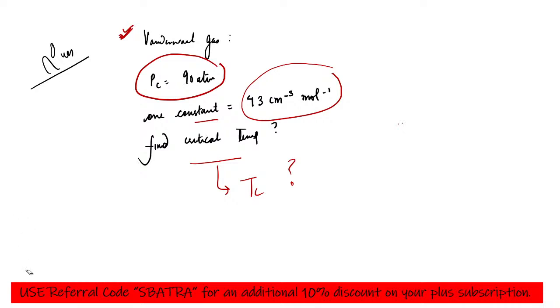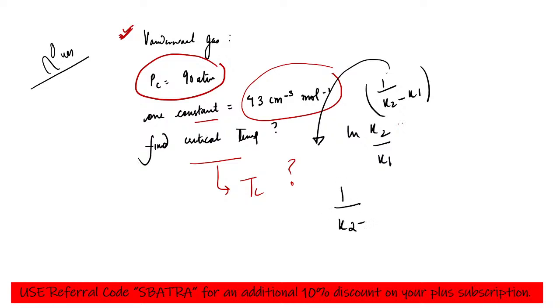But that is outside the ln only, right? That is outside the ln only. Please don't get confused in this formula. See, the formula is ln k2 by k1, raised to the power 1 by k2 minus k1. I can take this value before this term, so that would be 1 by k2 minus k1 times ln k2 by k1.